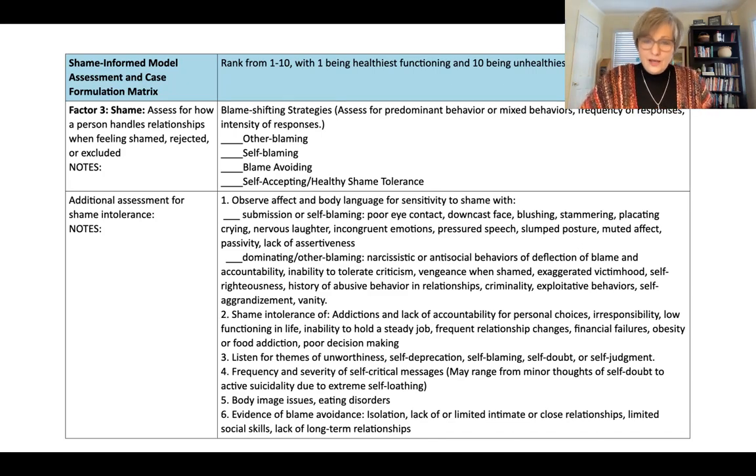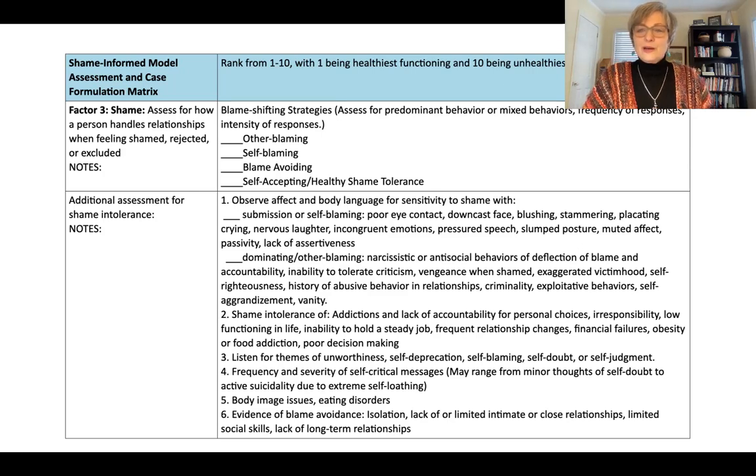Dominating behaviors, obvious narcissistic tendencies, deflecting of blame and accountability, inability to tolerate criticism is the core to look for there, and all the classic antisocial behaviors. And then addictions are a clear sign of shame intolerance, because if you have an addiction, you are denying, you are not honoring the fact that you are behaving in an inappropriate or immoral way, and you're not accountable.